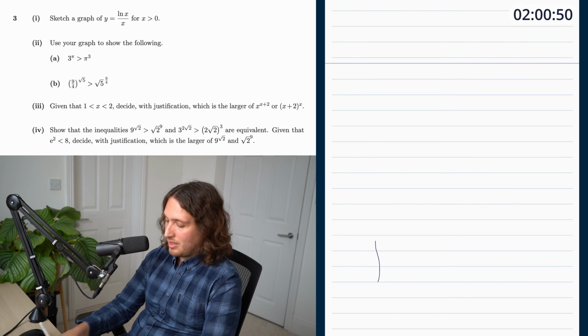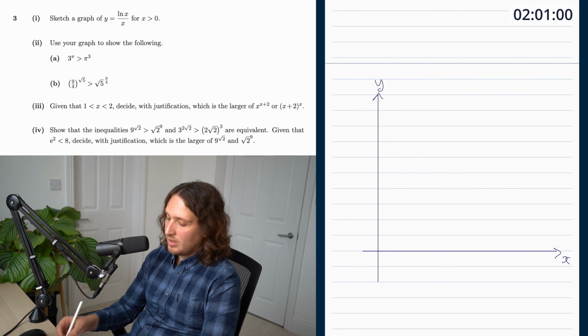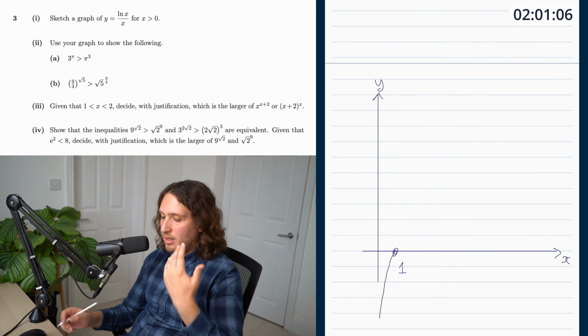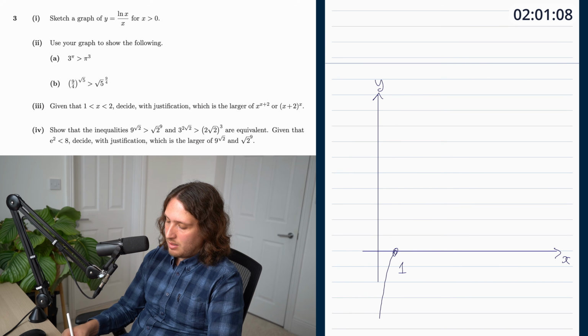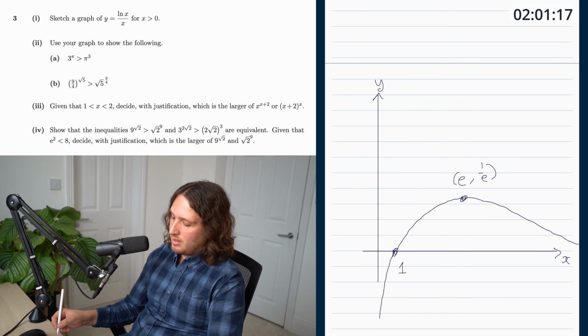Okay, let's sketch the thing. So I've got an asymptote. I obviously cut at 1 because ln of 1 is 0. I go up. I turn around at (e, 1 over e). And then I asymptote to 0.